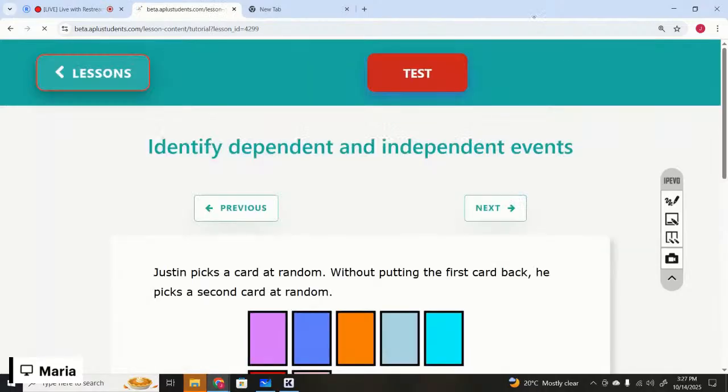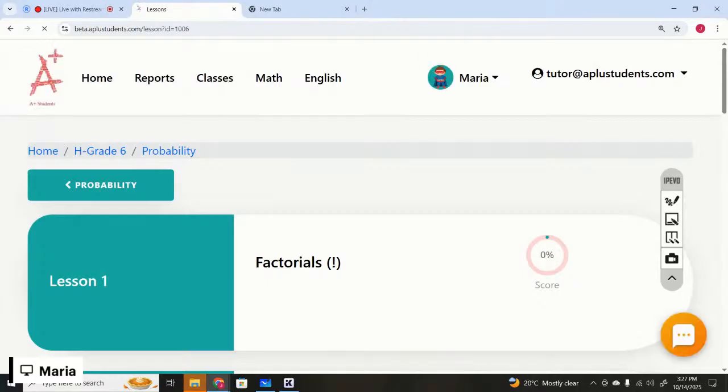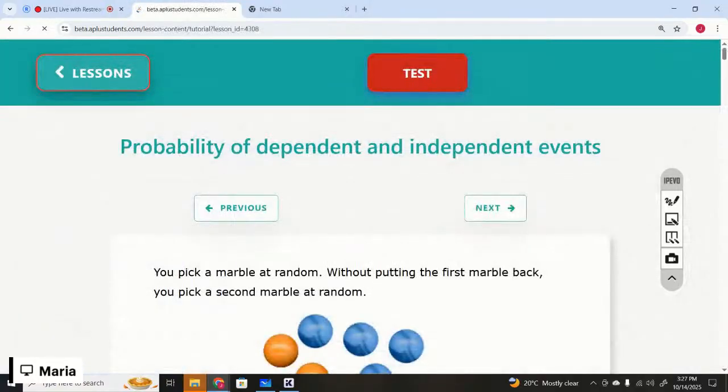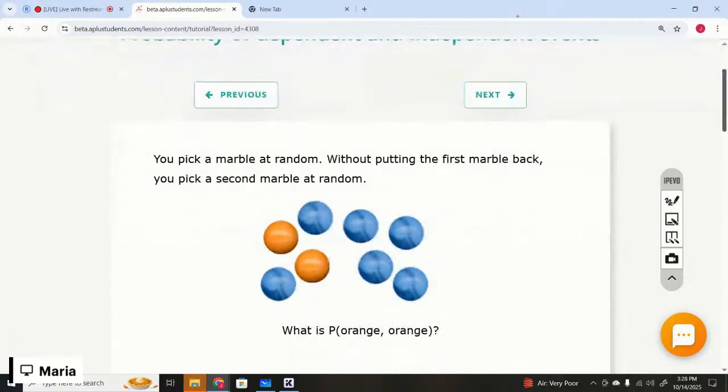The next lesson is probability of dependent and independent events.